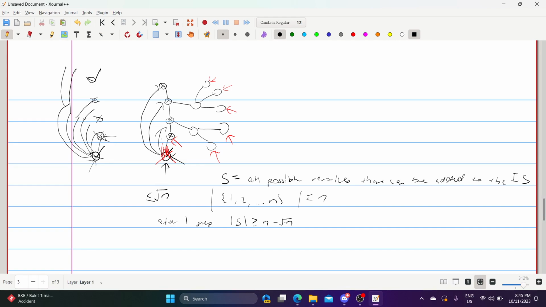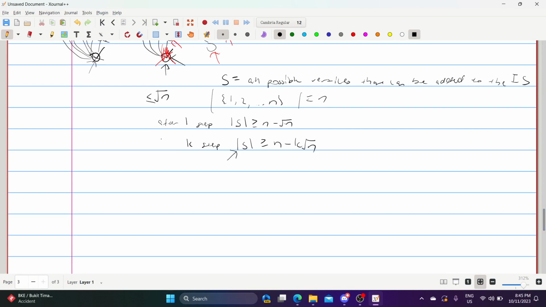Then in general, after k steps, the size of S is greater than or equal to n minus k square root n. As long as the set S has positive size, we can always continue our algorithm. So it is only after square root n steps that the size of S can possibly be equal to 0. So we will always find at least square root n elements inside our independent set.